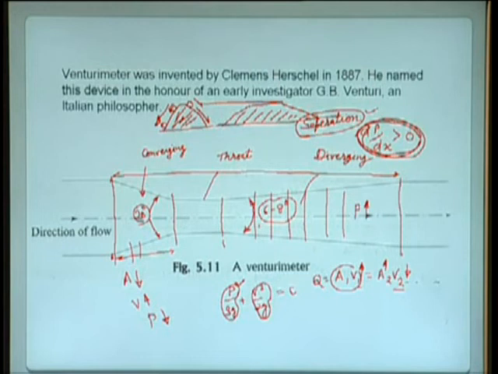So by keeping this angle small, we reduce the severity of the gradient. The severity of dP over dx greater than 0 is reduced, so the possibility of separation is reduced. That is why the diverging portion angle is kept at 6 to 8 degrees, which is less than the converging angle of 20 degrees.